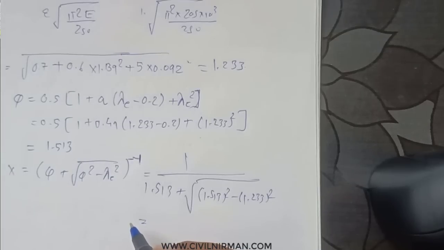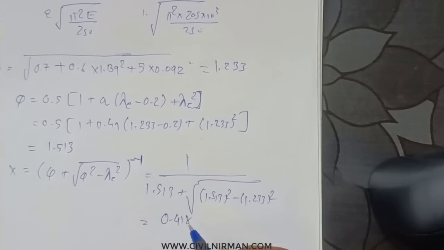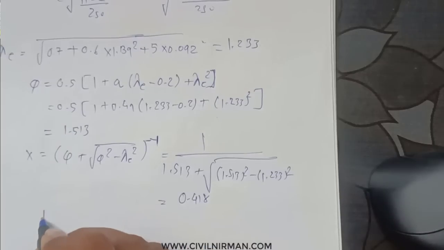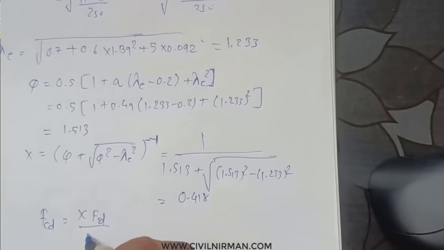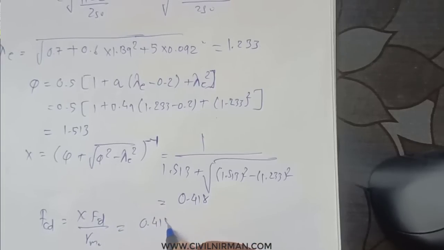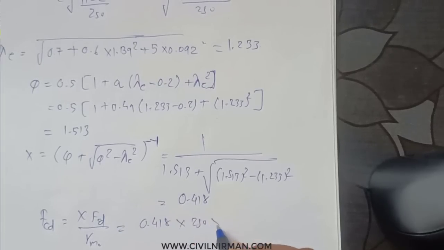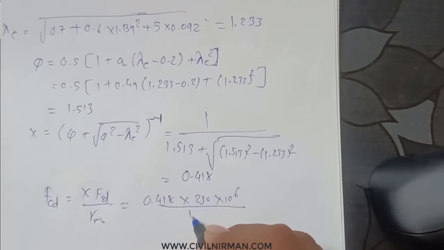And if I work out this, I'm getting the value as 0.418. So from this we get the fcd divided by gamma m0. Xi we have already worked out, 0.418 into 250 into 10 raised to 6 divided by 1.1.